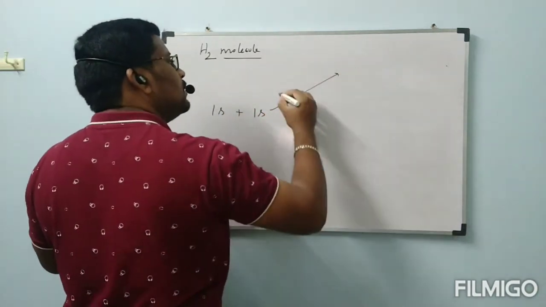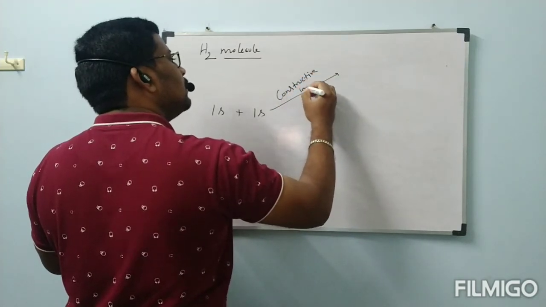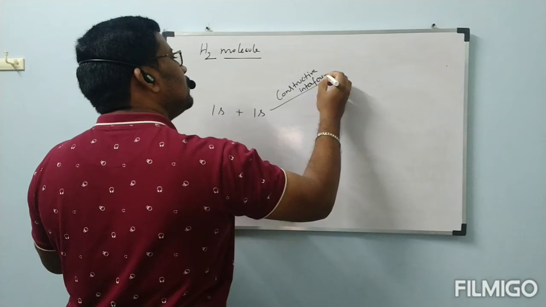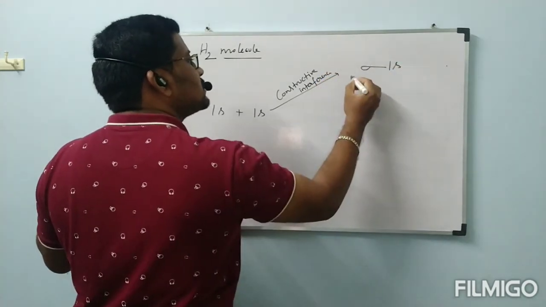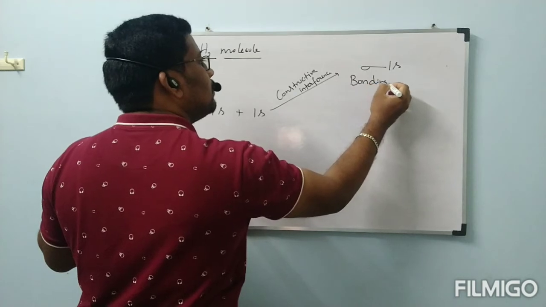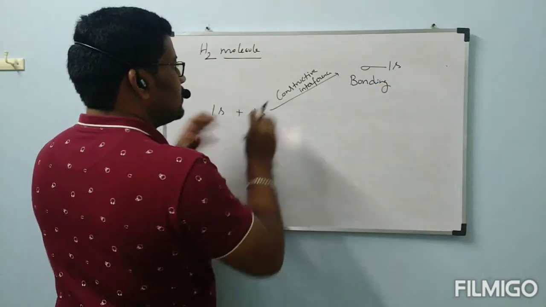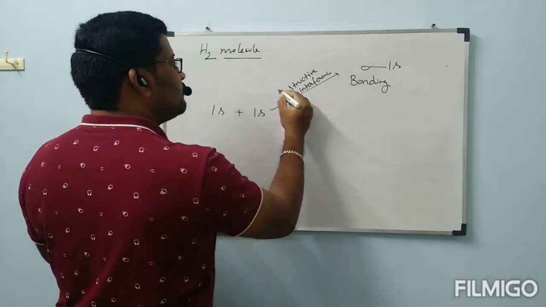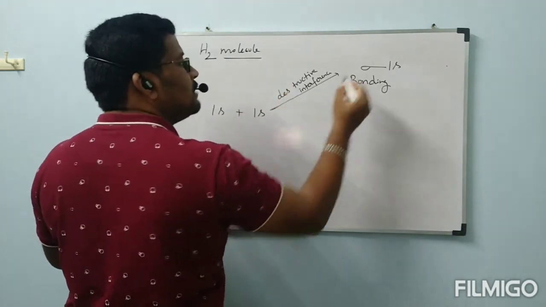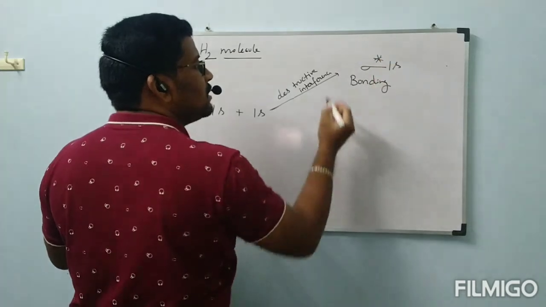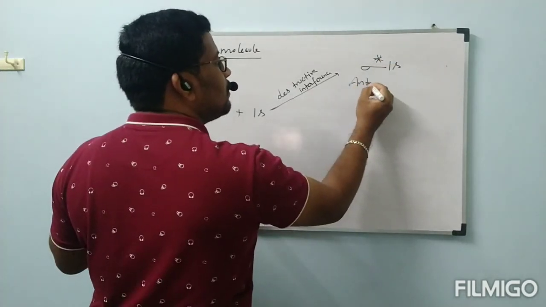If they undergo constructive interference, they will form sigma 1s, which is called bonding. If they undergo destructive interference, they will form sigma star 1s, which is called anti-bonding molecular orbital.